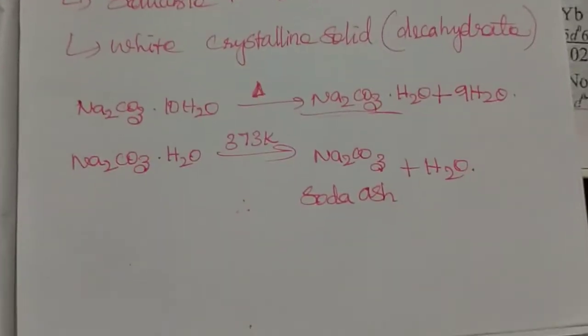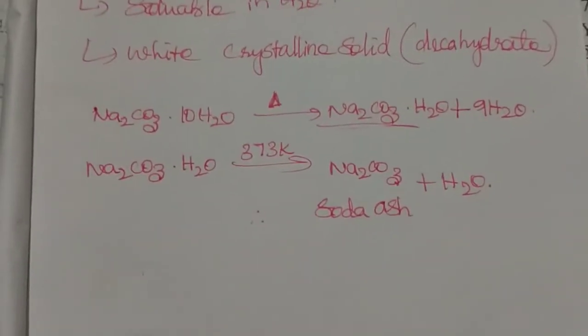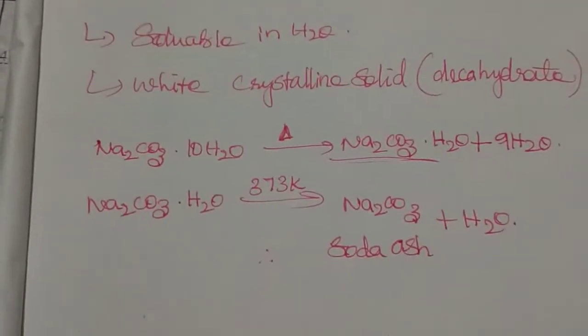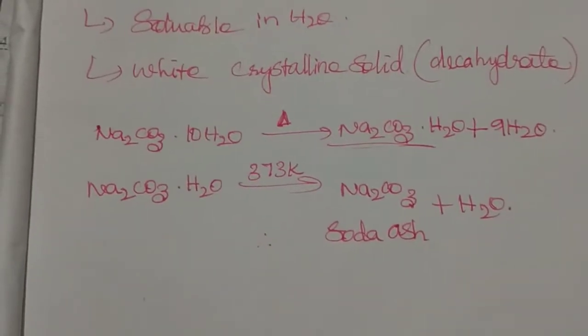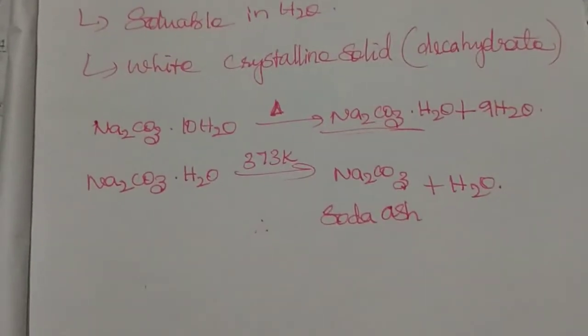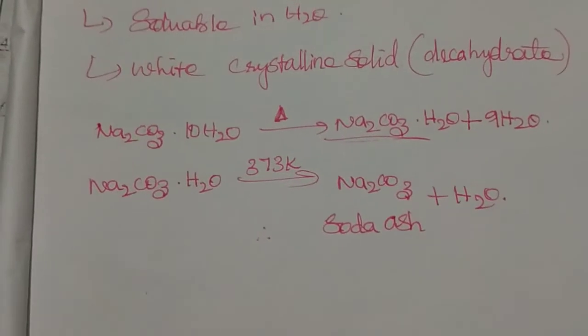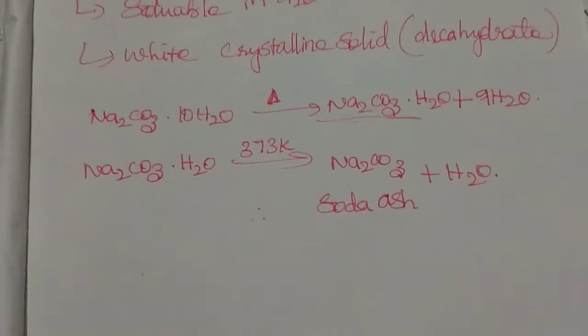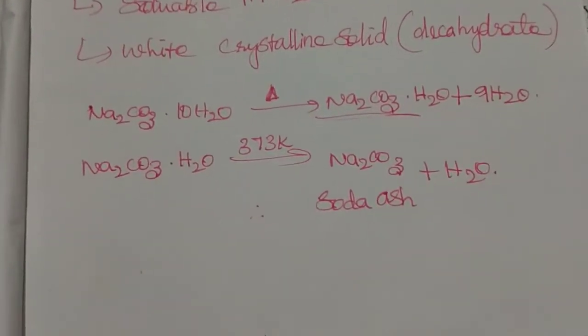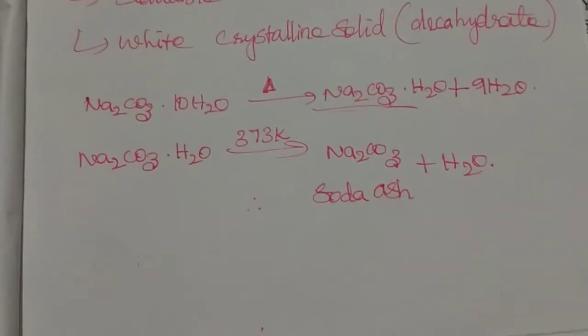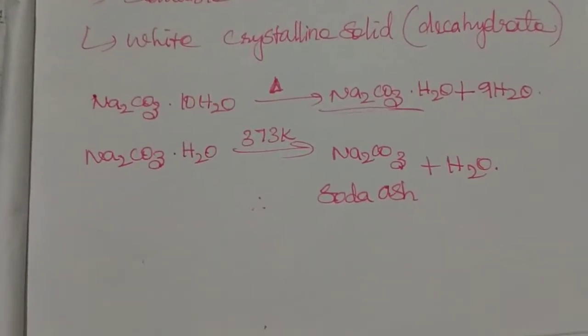We have some uses of this sodium carbonate. Sodium carbonate is known as washing soda, so we can use this for laundry purposes. The next use, it is an important laboratory reagent for qualitative analysis and for volumetric analysis.